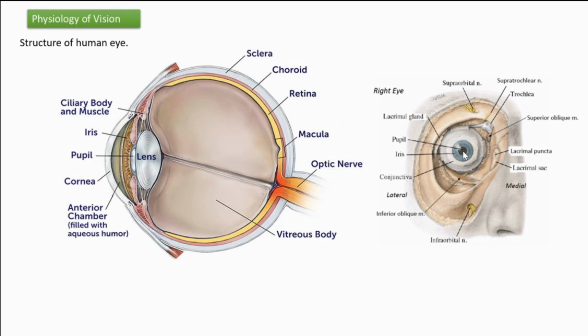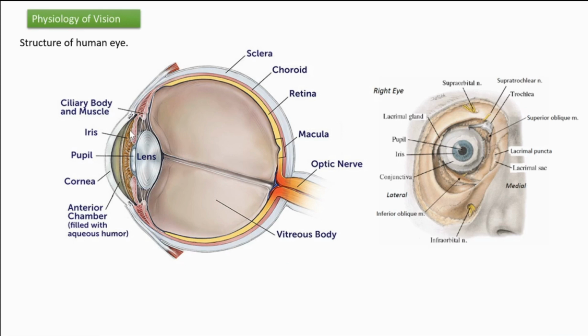Here we can see that. That's about iris. Iris is the diaphragm-like portion present towards the front side of the eye, a part of choroid. It is at the iris that the choroid separates from the sclera and forms a thin diaphragm-like structure called iris.